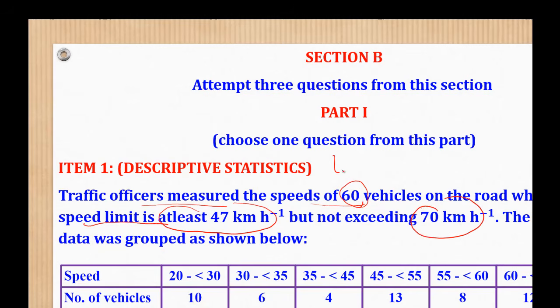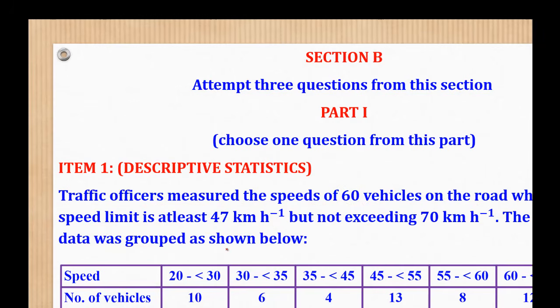So they expect a minimum speed of this and a maximum of this. The speed data was grouped as shown in the table below.